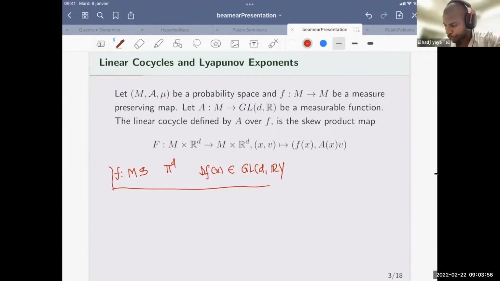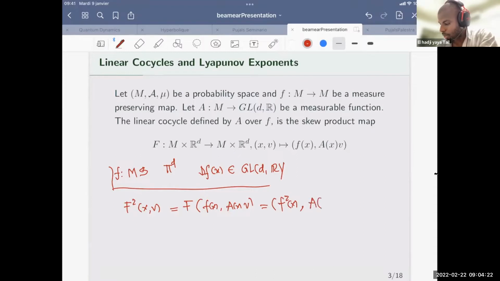Let's see. We can iterate this function F, and the second iterate of (x, v) is (f(f(x)), A(f(x)) A(x) v). At the first coordinate you get the second iterate of little f, and at the second coordinate you apply A to f of x and apply it to the vector A(x)v.